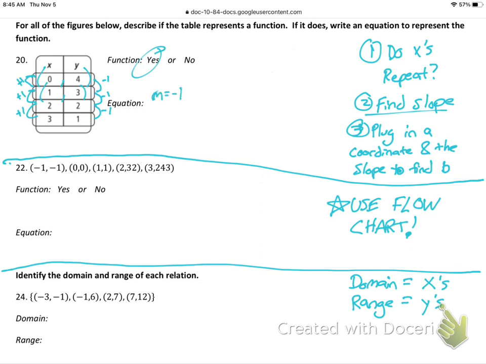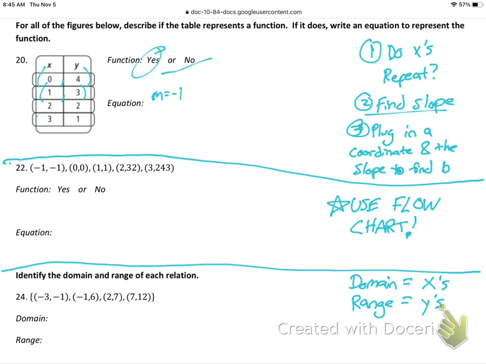negative 1. That's it. But again, you could plug these numbers into the slope equation that we have, y2 minus y1 over x2 minus x1, and you get the same answer. All right.